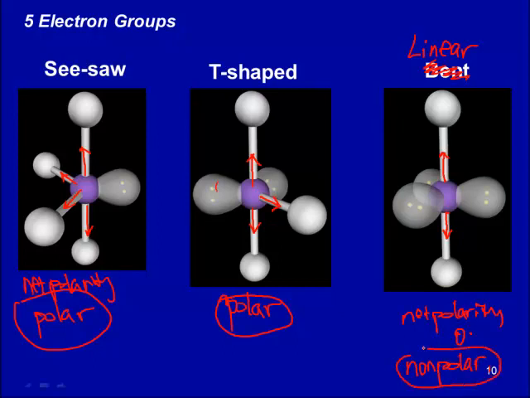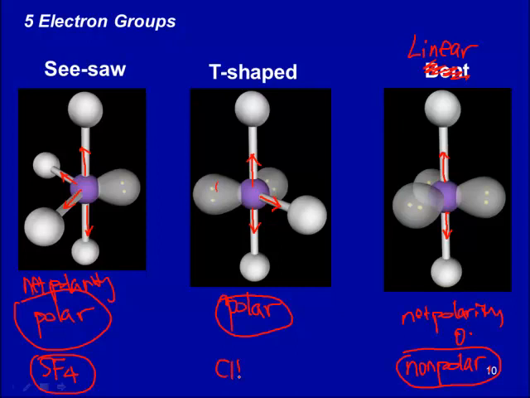Even with polar bonds, the molecule can be non-polar. And we can see some examples of that. One of the seesaw ones will be SF4. You can double check on that, and it will be a polar molecule.